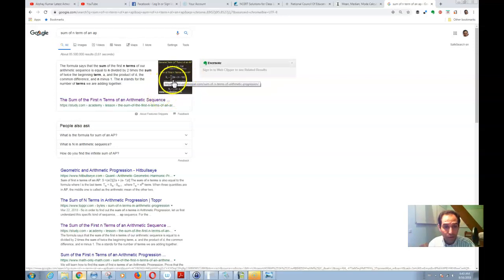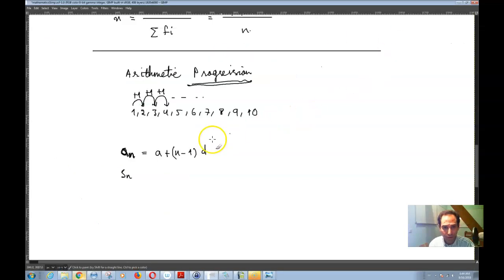S of n is equal to n divided by 2 times 2a plus n minus 1 times d. And a of n is equal to a plus n minus 1 times d. So a of n is equal to a plus n minus 1 times d, and S of n is equal to n divided by 2 times 2a plus n minus 1 times d.